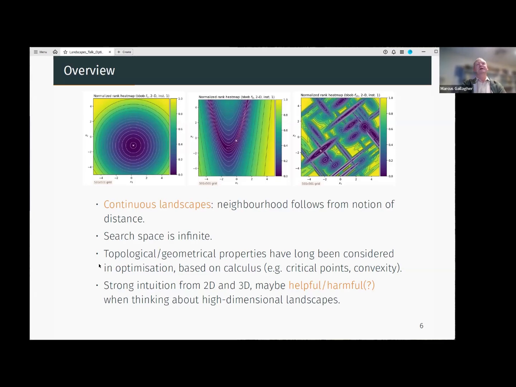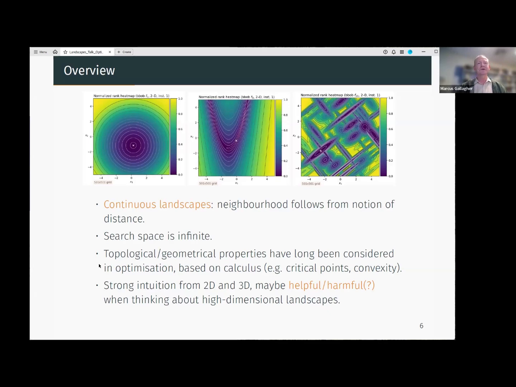The search space is infinite, and we can think about topological or geometric properties of continuous landscapes. People have been doing this, in fact, for a long time, right? If we know something about the function, if we know its mathematical form and we can differentiate it, then we can say things about critical points and gradient and convexity and so on.